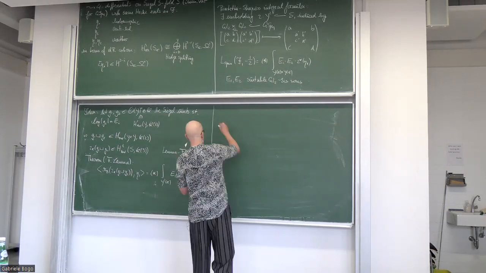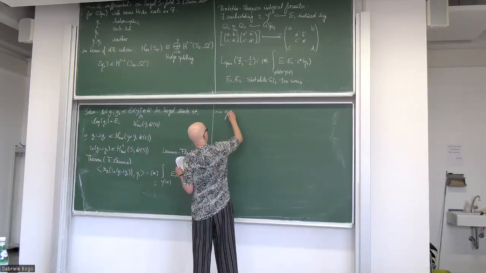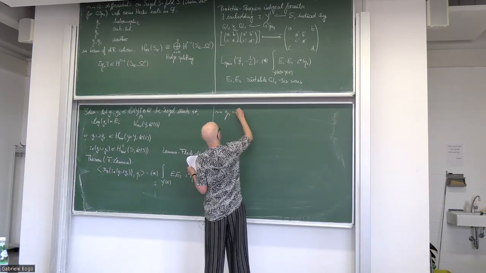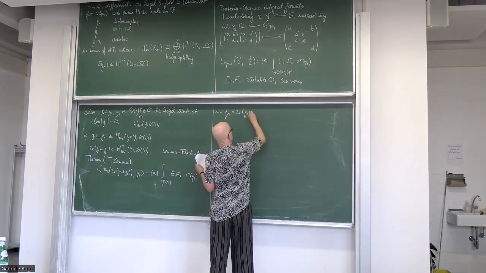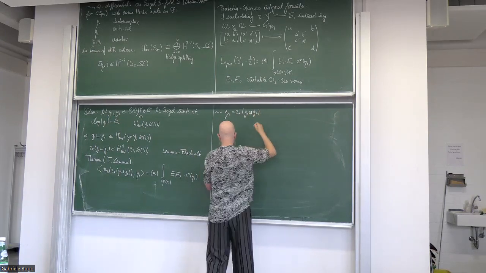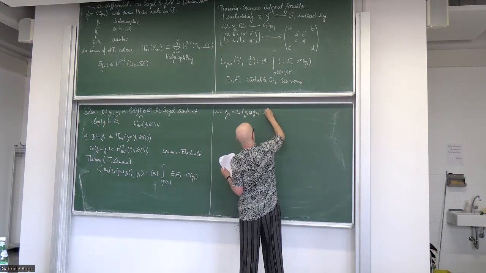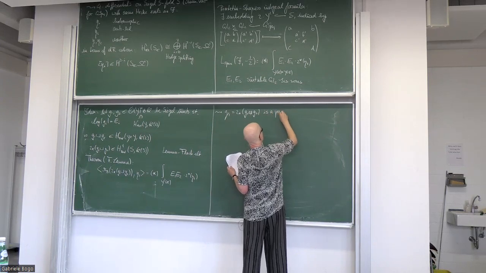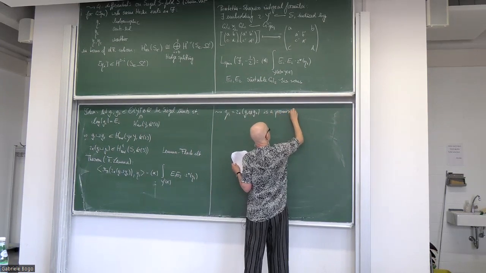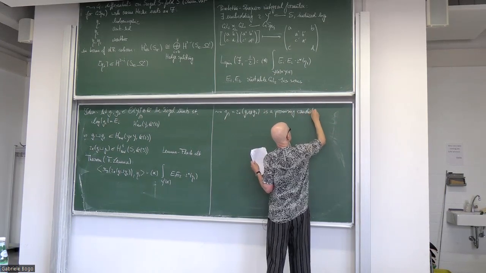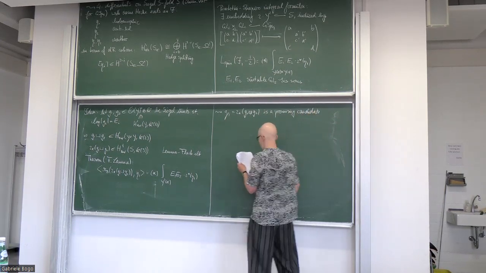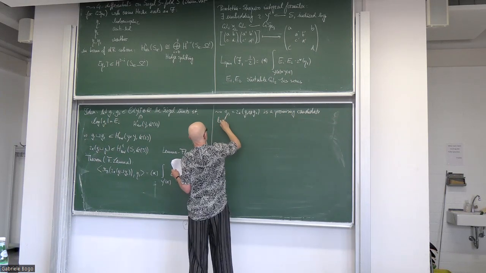This means that this class, which I'll again call Z1, the push forward of G1 cup G2, is a promising candidate for building an Euler system.